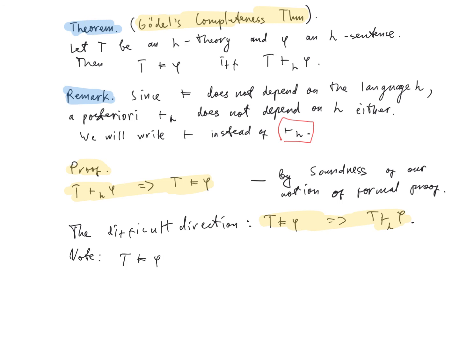Assume that phi is not a logical consequence of T. This holds if and only if T union the sentence not phi has a model. This is just by definition of logical consequence.